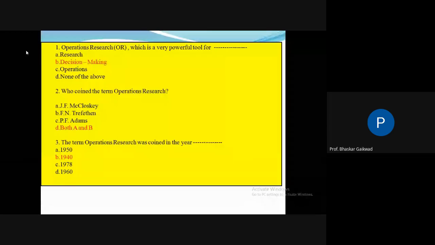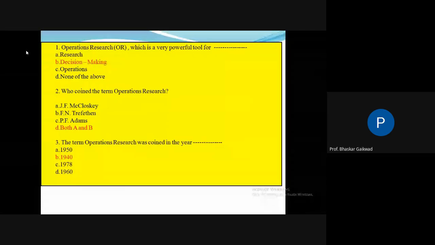operation research concept. The term operation research was coined in the year 1940. Before World War II, there were problems for the Americans and England's military to distribute different types of work to the soldiers. That problem was solved using the technique of operation research.